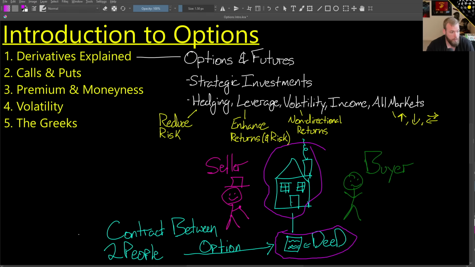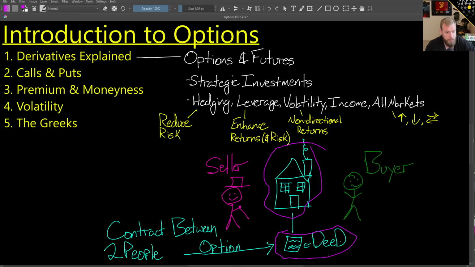And as you'll notice, I use the term contract because an option is a contract between two people. It means for every option contract that's opened, there is a human being on the other side of that trade. It's an important note that we'll get into later, but that's important for you to understand early on.